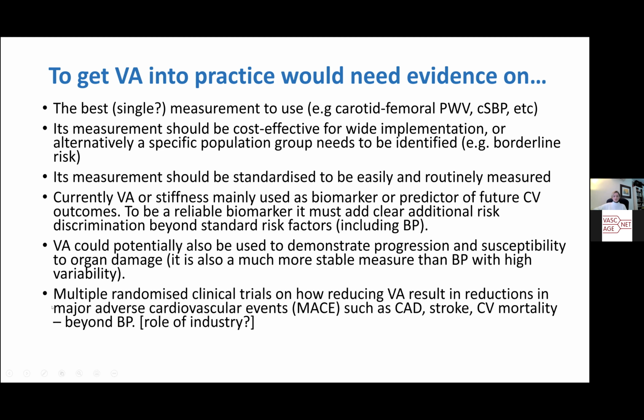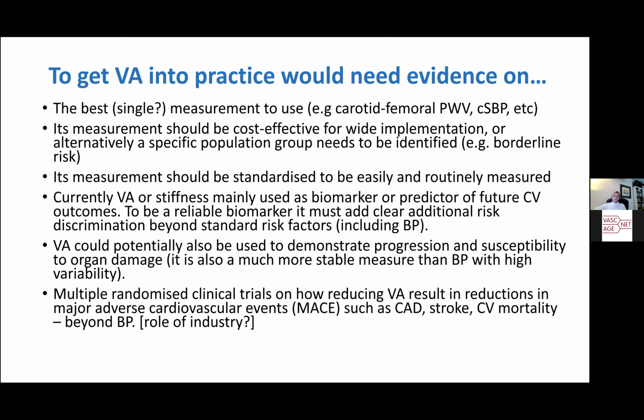And of course, what we also need is multiple randomized clinical trials on how reducing vascular aging or arterial stiffness results in reductions in major cardiovascular events, such as coronary artery disease, stroke, cardiovascular mortality, beyond blood pressure reduction. And that is, I think, where the central area of focus is.